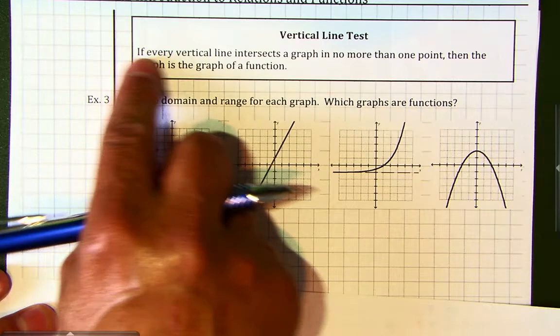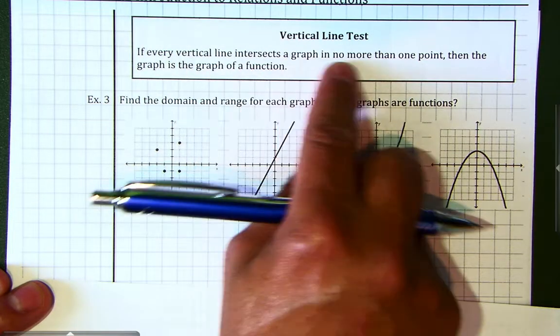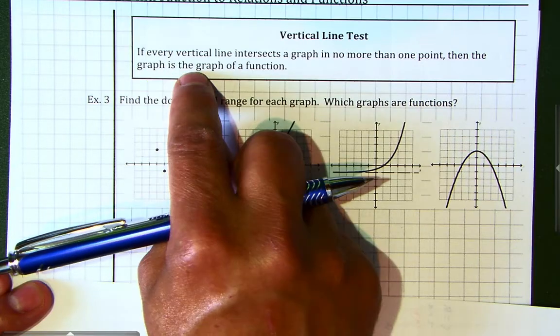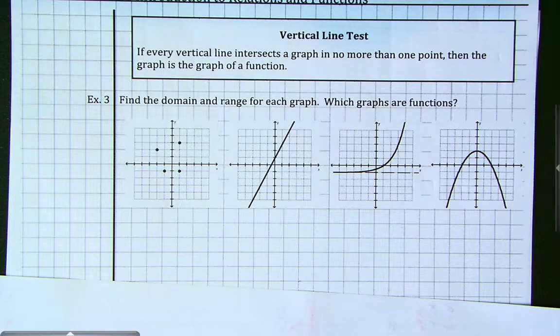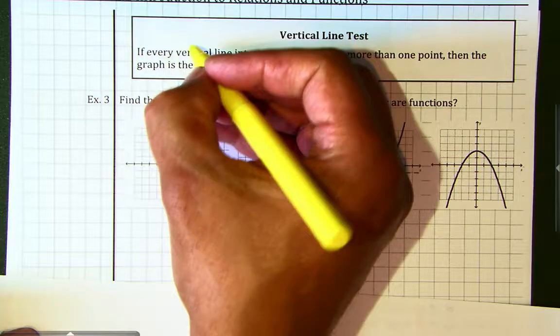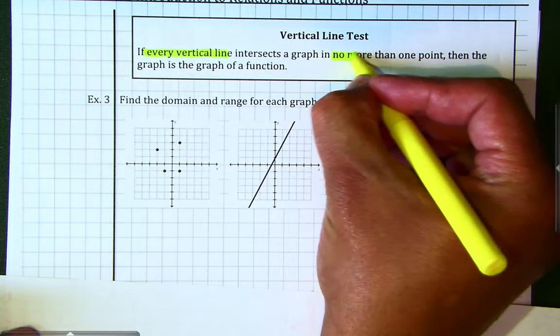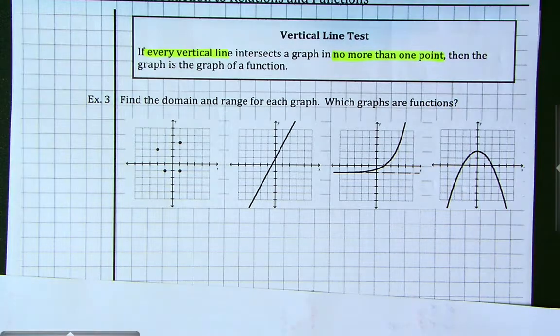If every vertical line intersects a graph in no more than one point, then the graph is the graph of a function. So every vertical line can intersect no more than one point, only at one point, in order for that to be a function. So in Algebra 1, you looked at the vertical line test.